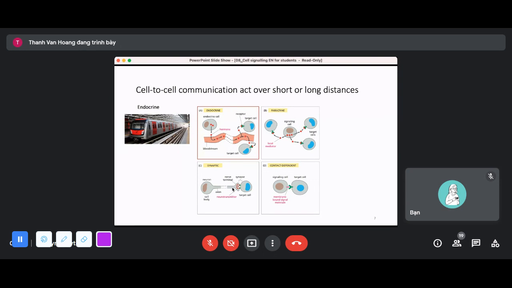So cell communication through the endocrine system is slower. But it can affect just a small or big number of cells. Can you guess? It is more selective.